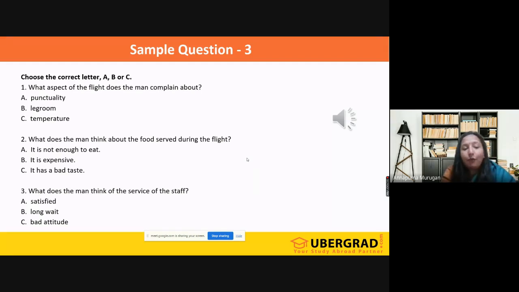Okay. So now, what is that? Understand the question here. What aspect of the flight does the man complain about? What is it they are trying to say? They are trying to say what aspect of the flight, what is that feature of the flight, does the man complain about? See, why I'm focusing on the question: don't just read the question, students.